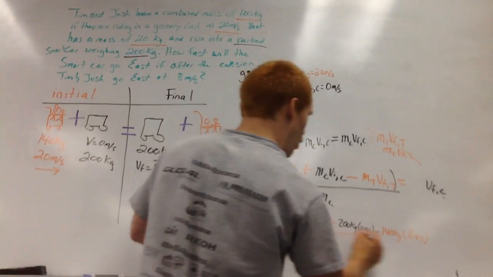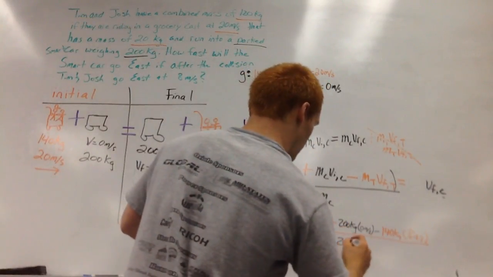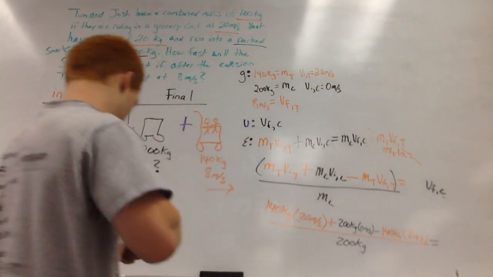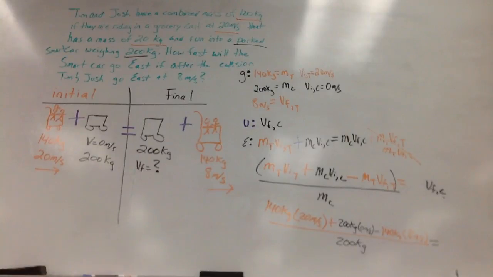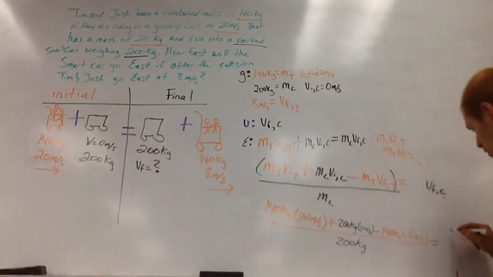We're going to divide all of that by the mass of the car, which is 200 kilos. You should get an answer of 8.4 meters per second.